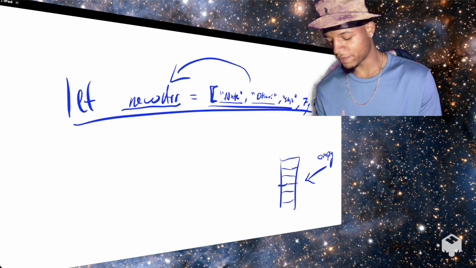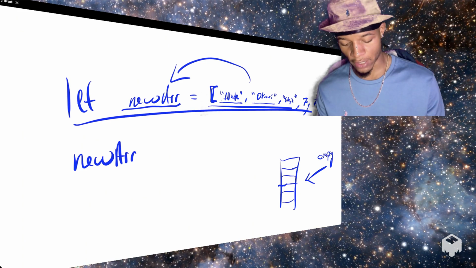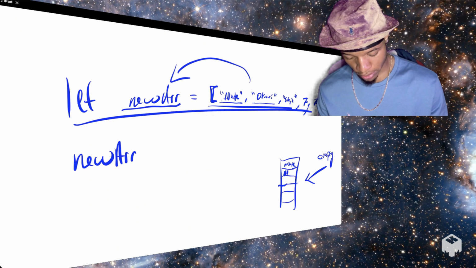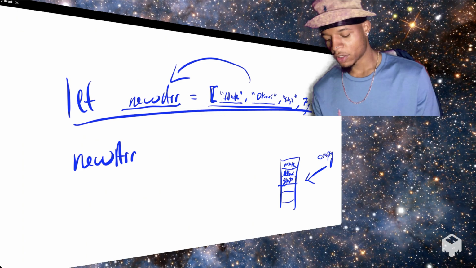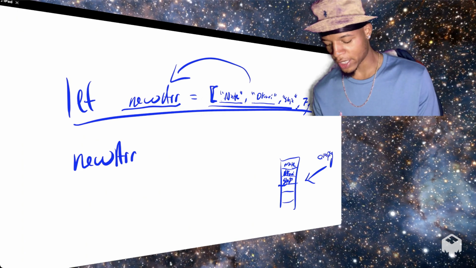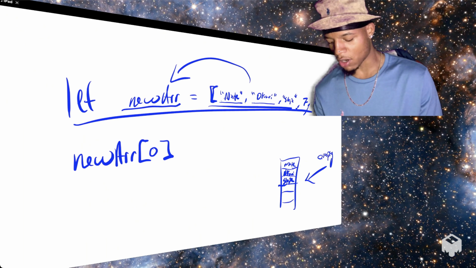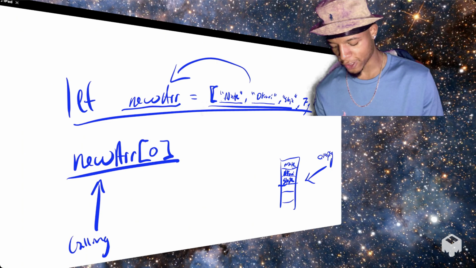Now we have new array, and let's say we want to get values out of our array. Let's say we had Nate, Slope, or Dakari. So if I wanted Nate, I would say new array 0. And this is called calling a variable.